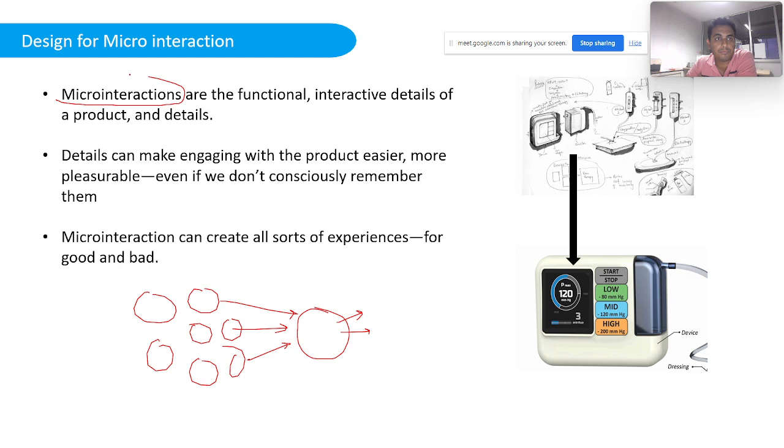micro interaction. Micro interactions are basically the functional interactive details about a product. That means from a functional point of view, we do functional decomposition.